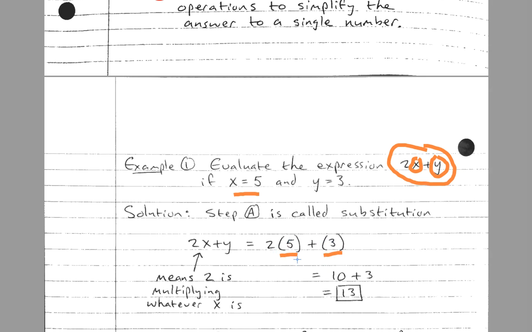All right, what do we have now? Yeah, so now it's just an order of operations question. This 2 is multiplying the 5. Here we have addition, but we do multiplication before addition, so it's 2 times 5 first, that's 10, then plus 3, 13.